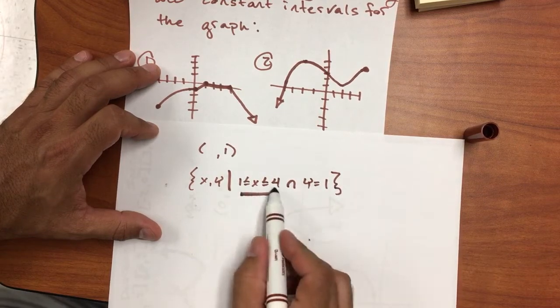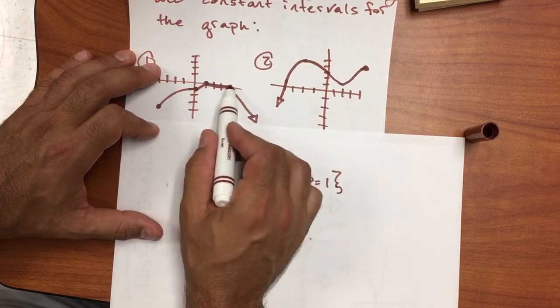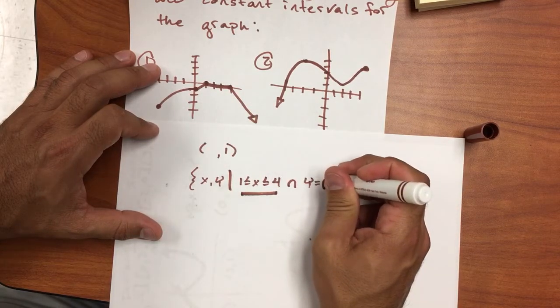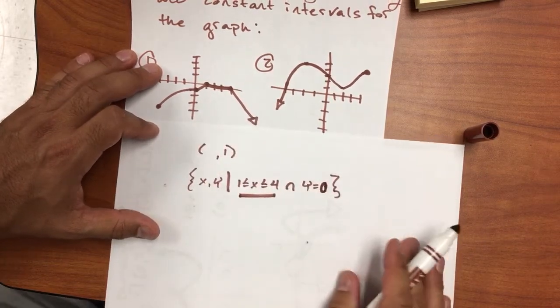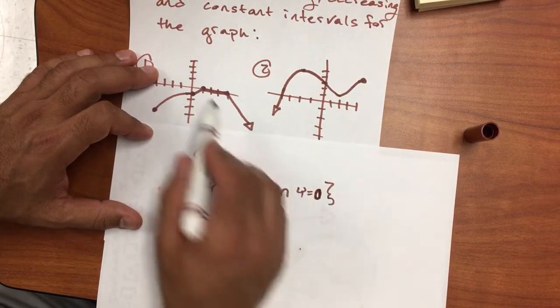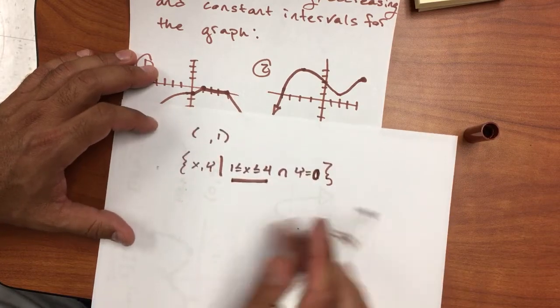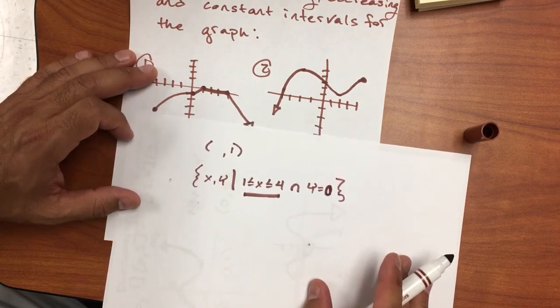So that gives me the rule for all of the x's, and this gives me where the y, oh, the y is 0. I apologize. The y is 0, not 1. I don't know why I said 1.